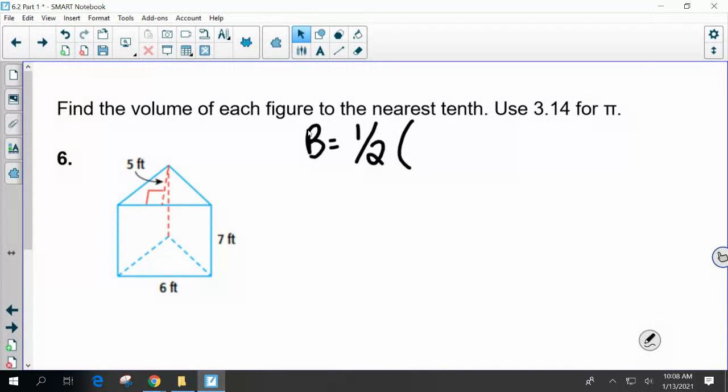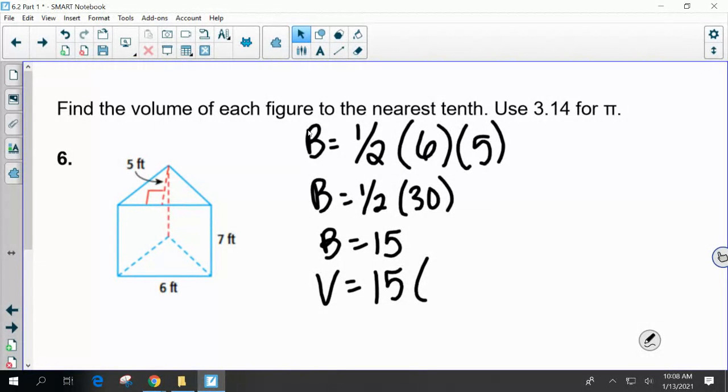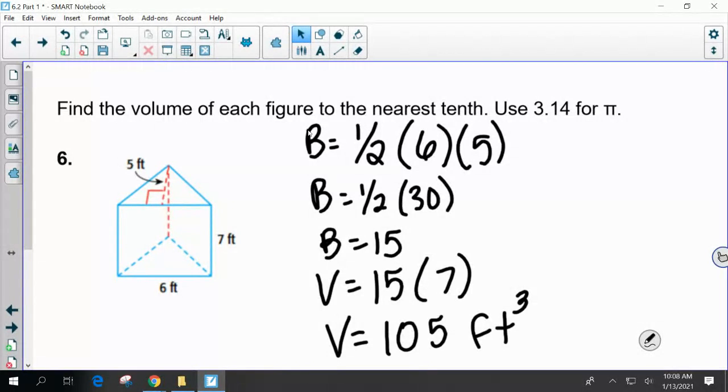So 1/2 times, I'm gonna do 6 times 5. So that is 1/2 times 30, which is 15. And then for my volume, I'm taking 15 times the number I have not used yet, which is 7. And I'm going to get 105 feet cubed.